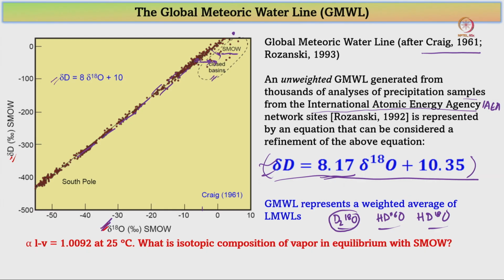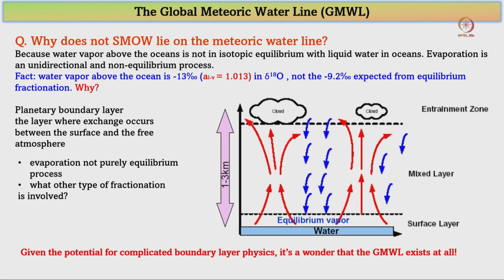Okay. And why do we not see SMOW on the meteoric water line? That is simply because the water vapor above the ocean is not in isotopic equilibrium with the water in the ocean. So, the water vapor which is evaporating, consider this is the water surface, the vapor is evaporating.